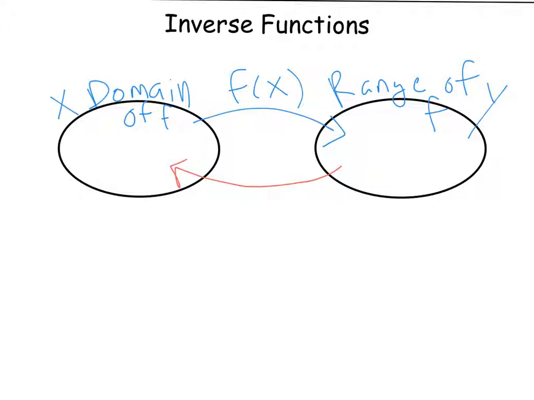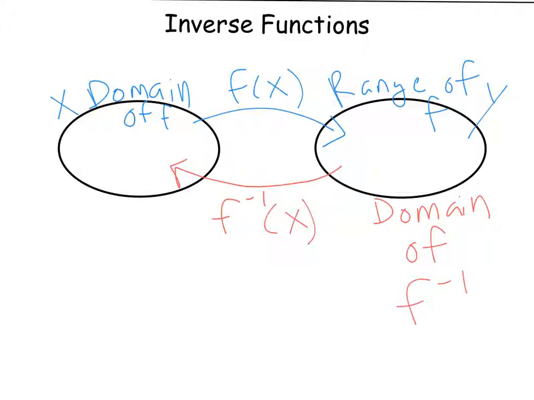Draw an arrow going the other way. So we want to take the same two ordered pairs, but we're going to pair them together in reverse order. What used to be x values are now y's, and what used to be y's are now x's. Okay? Over here on this circle, what used to be the range for f is now the domain of f inverse.